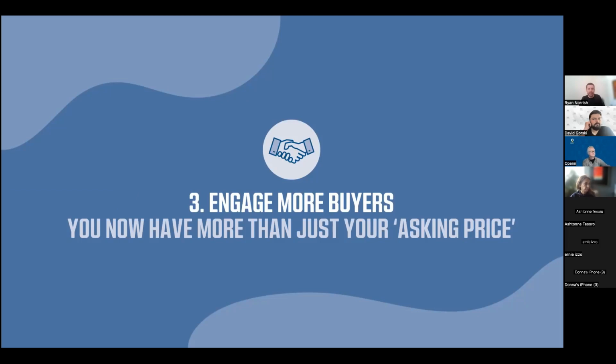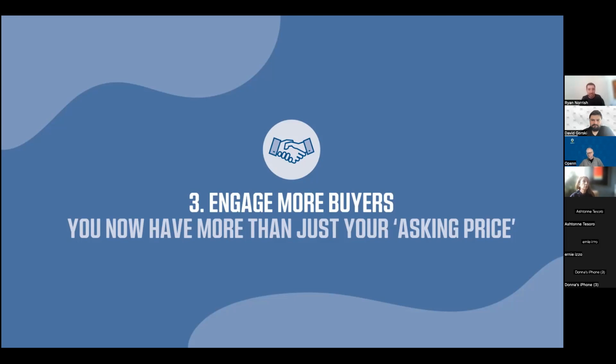Engaging with more buyers. As opposed to just having a single asking price, i.e. $1 million, now you've potentially got another price that you can use to engage. If you have an offer on a property at $900,000, now you're able to use that price and engage that existing offer value with your other potential buyers.